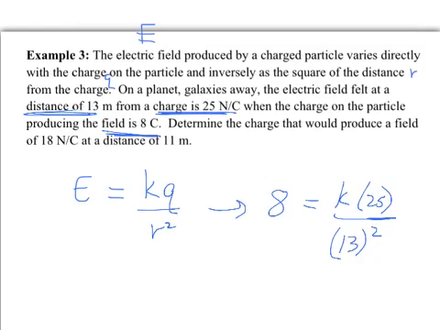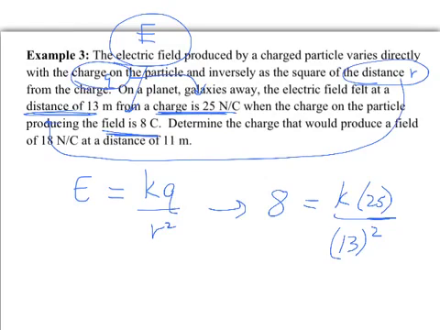You defined field as E right there, up at the top. So you know right away that that's going to relate to the 8 there. You define charge as Q. That's going to be the 25 there. And you define distance as R. That's going to go in for the 13 over here. So use your values to help you as you go along the process.